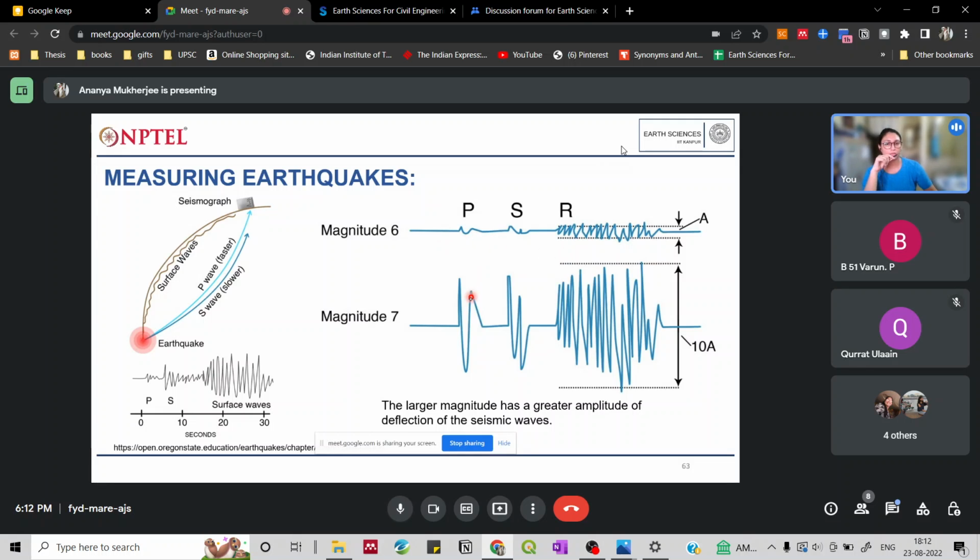The pen is not moving very vigorously in magnitude 6, but when it's magnitude 7, it will move very vigorously, and that will be plotted in the seismogram. So this is how we measure how damaging the earthquake is going to be, figured out from these plots on seismograms.